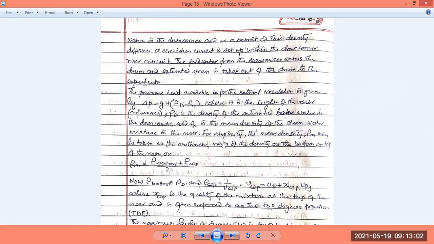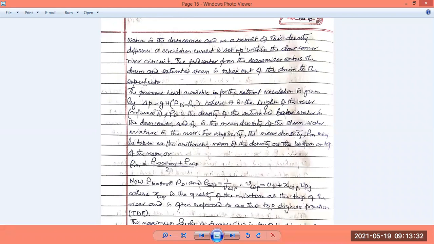For simplicity, the mean density rho_M may be taken to be an arithmetic mean of the densities at the bottom and top of the riser: rho_M = (rho_bottom + rho_top) / 2, where rho_top is the density at the top of the riser and rho_bottom is the density of the liquid-vapor mixture at the bottom of the riser.